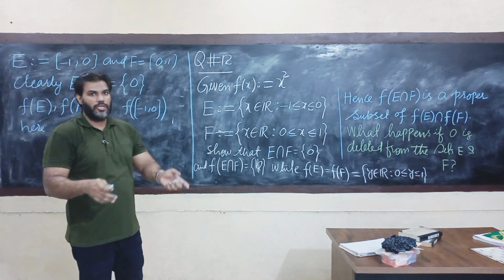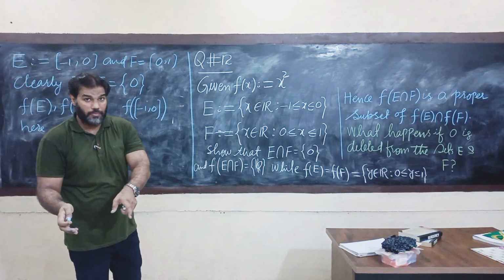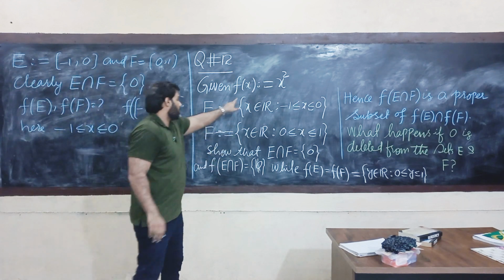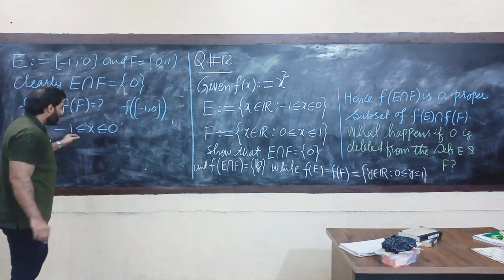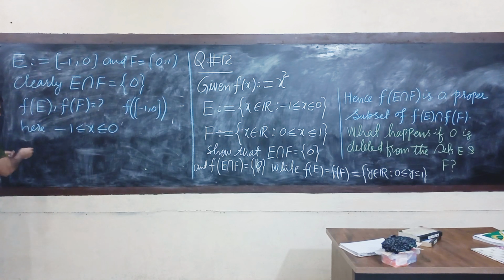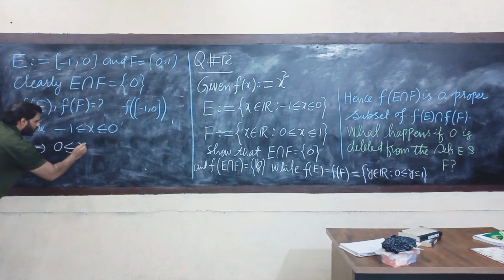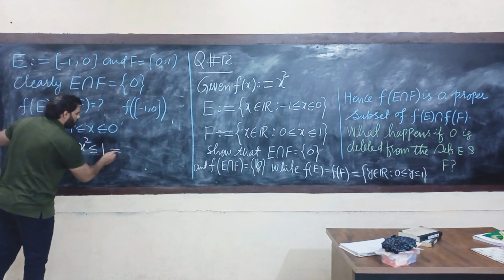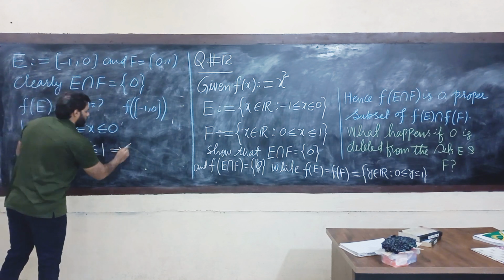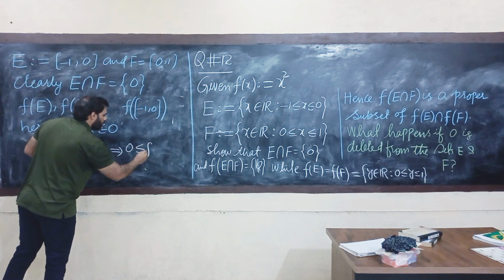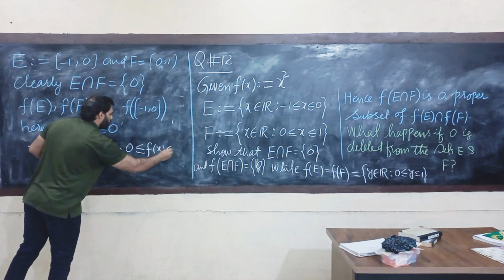I convert these values of x into the form of my function f of x. My function f of x is equal to x square. If x lies between -1 to 0, this shows the square of these values will lie between 0 to 1. This shows as x square is equal to our f of x, it means our f of x lies between 0 to 1.